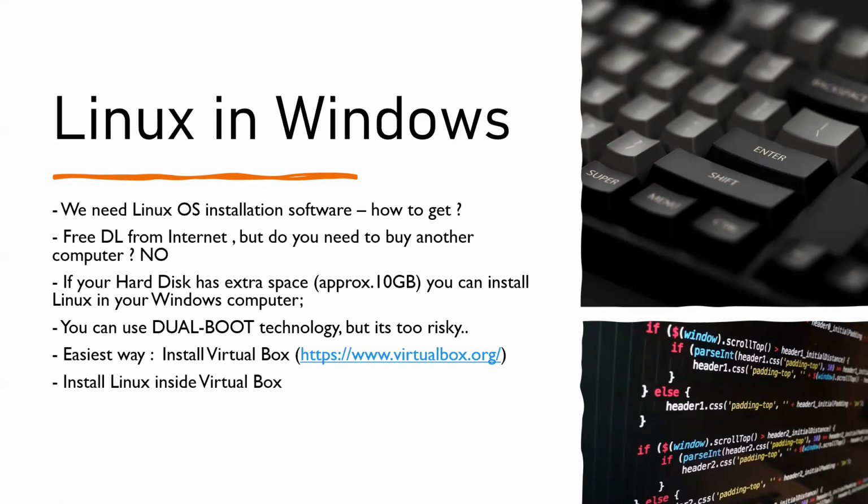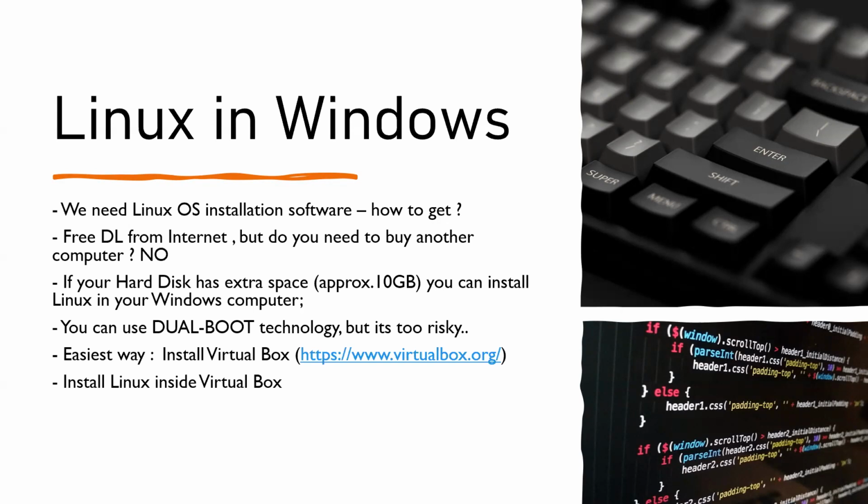You can use dual boot technology to start Linux when you are starting the computer. Basically, it will give you an option to start either Linux operating system or Windows operating system. But I think it's very risky for you if you do not have strong knowledge in this.